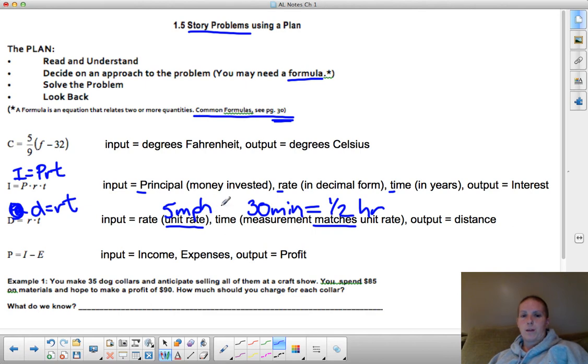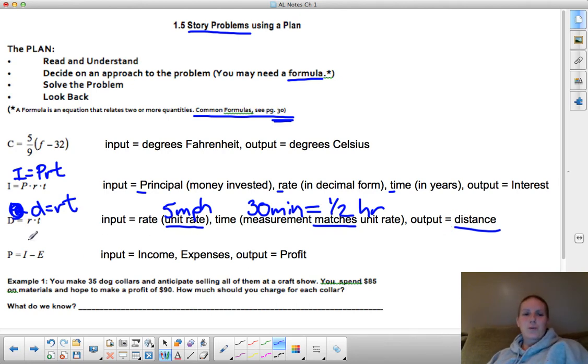Hours in my unit rate, hours in my time. Remember that output is going to be distance. And again, it's going to match your unit rate, so if I have miles in my unit rate, then my distance coming out is also going to be miles. I know you know that, but I wanted to make sure we talked about it because it's an expectation that you already know it.